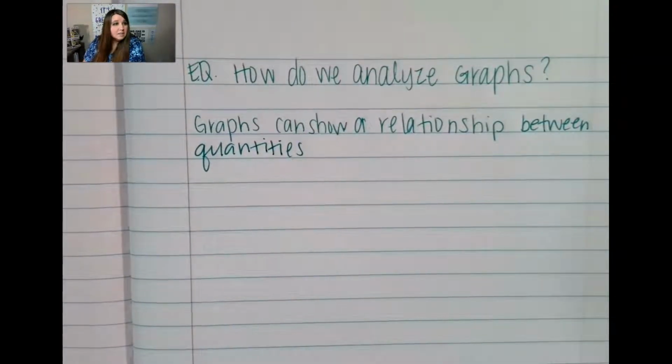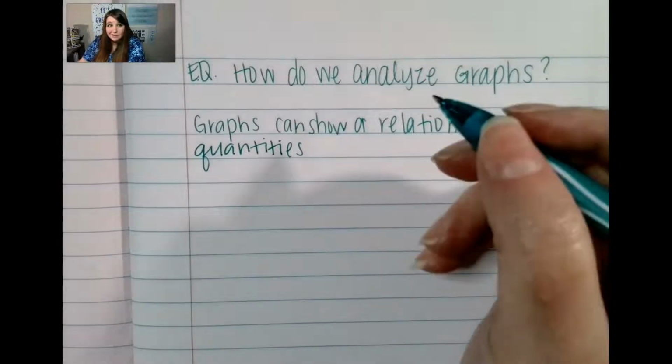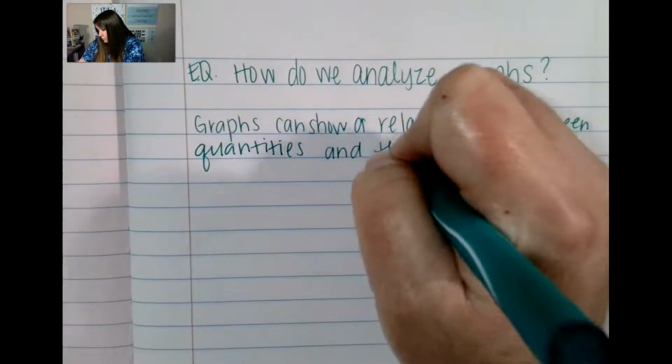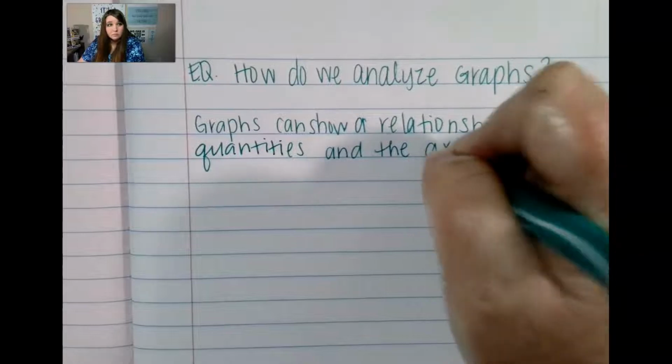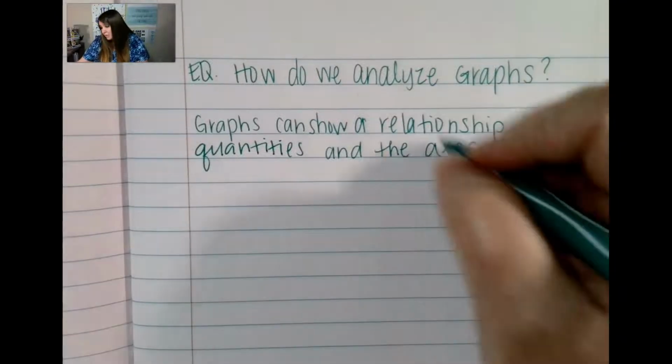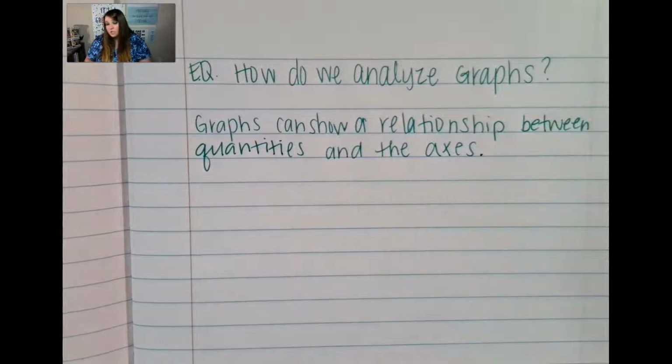So quantities without using specific numbers and the axes. Okay, so we're looking at quantities without using specific numbers and the axes. So that's the relationship that we're going to look for when we analyze graphs.